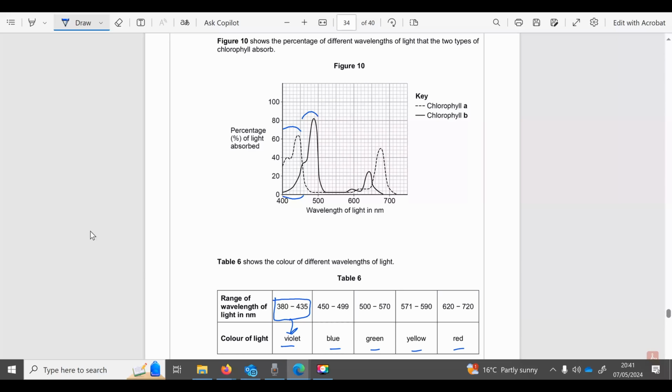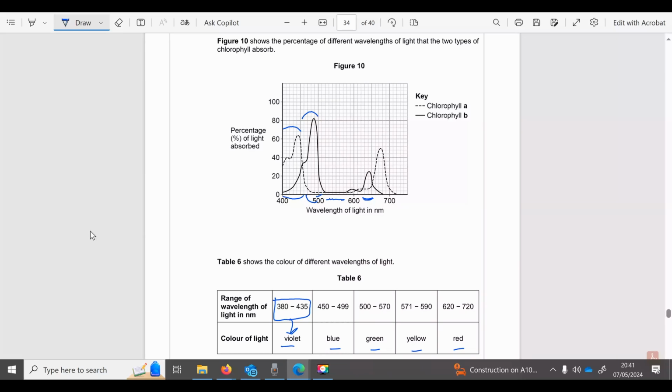Opposite occurs next. Chlorophyll B, a high amount there, but chlorophyll A is at a lower amount. Between 500 and 600, roughly, they're fairly low for both pigments.